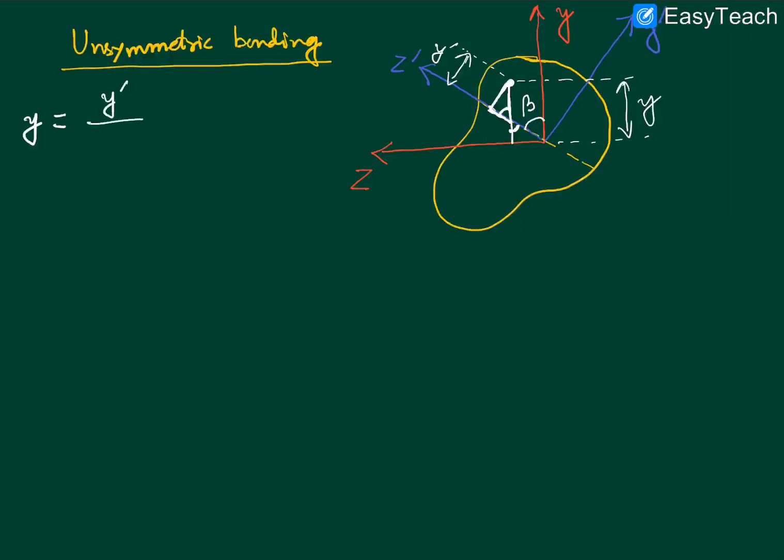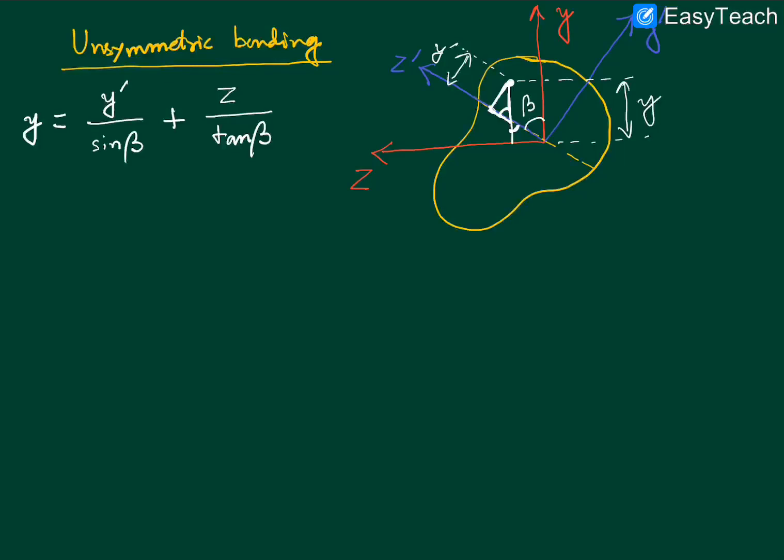So that will be y dash divided by sine beta. Next, for this little part, I'll use my z, and that will be z by tan beta.